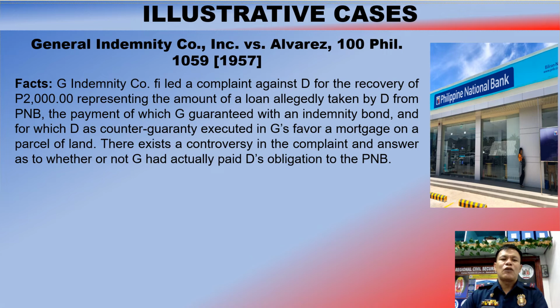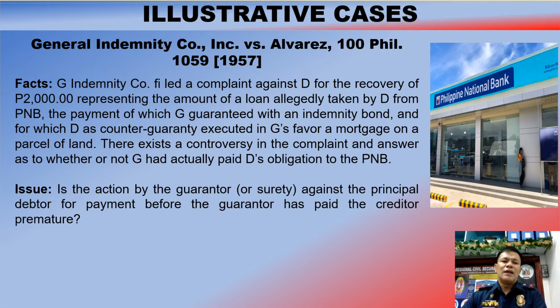There exists a controversy in the complaint and answer as to whether or not G had actually paid this obligation to the PNB. Issue: Is the action of the guarantor or surety against the principal debtor for payment before the guarantor has paid the creditor premature?